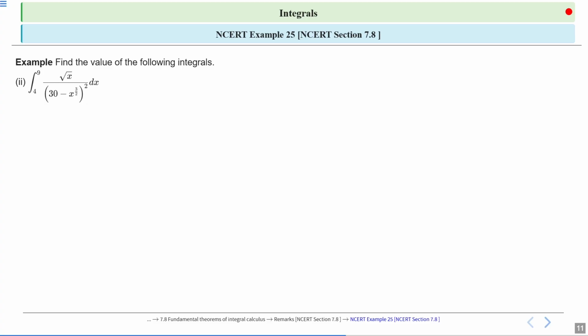So at first you have to calculate the indefinite integral. Don't need to mention the constant of integration, and then just calculate the antiderivative at the upper limit minus the antiderivative at the lower limit. I think you know how to calculate this antiderivative. So at first you try.